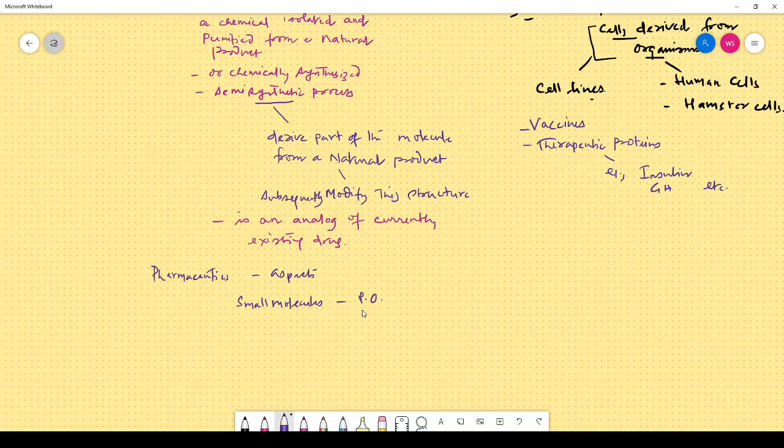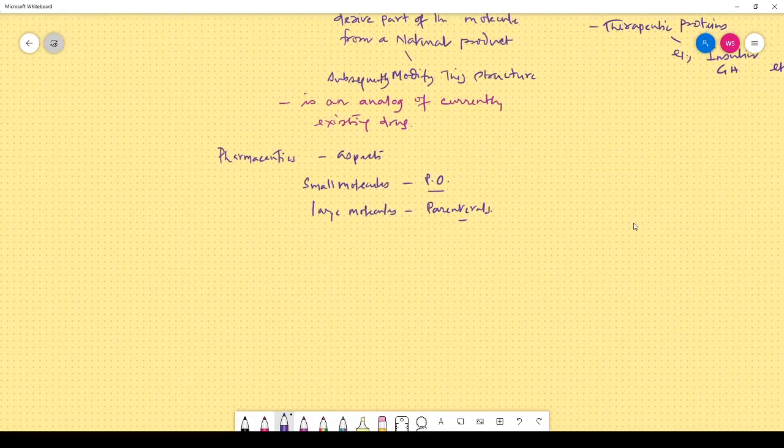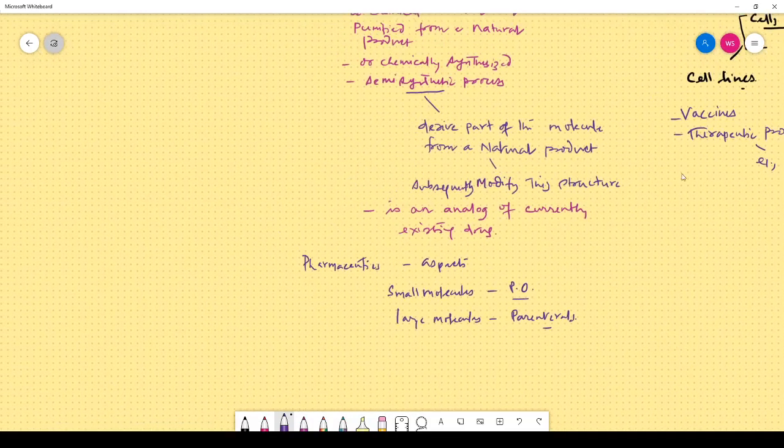Okay, they are given through the GIT, maybe as a tablet, capsule. And large molecules are usually parenterals. Okay, so why the difference? Because large molecules cannot cross the biological membranes, which are lipid bilayers.